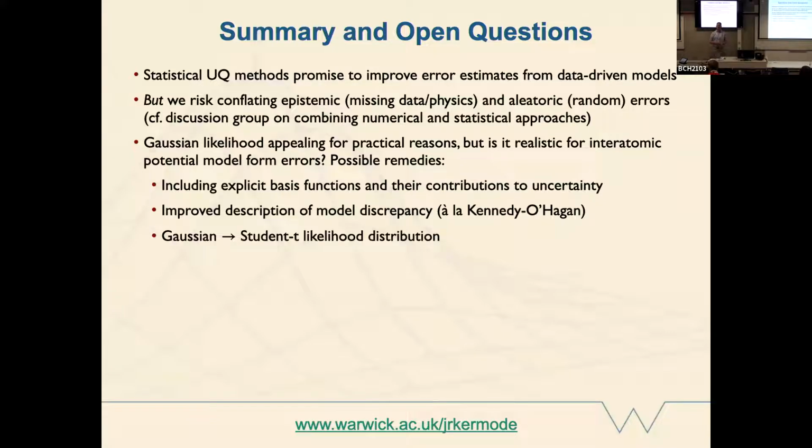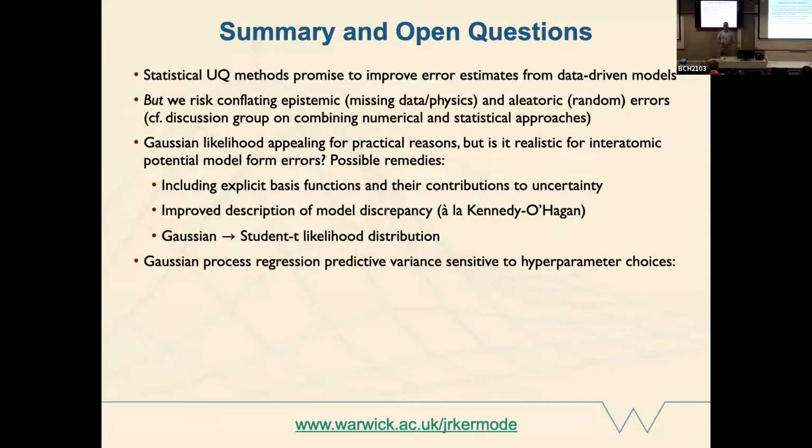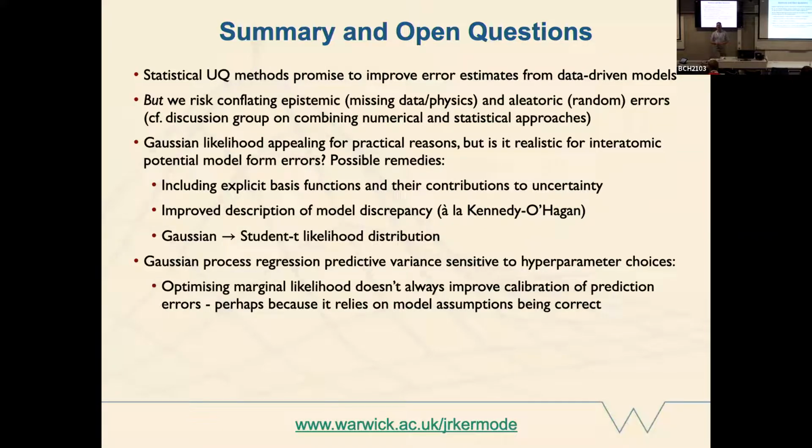And maybe the Gaussian likelihood isn't the best one. We should be looking at fatter tails or other distributions. And then this last point that I made, that optimizing the marginal likelihood might not always be the right answer, depends on whether the model is scalable.